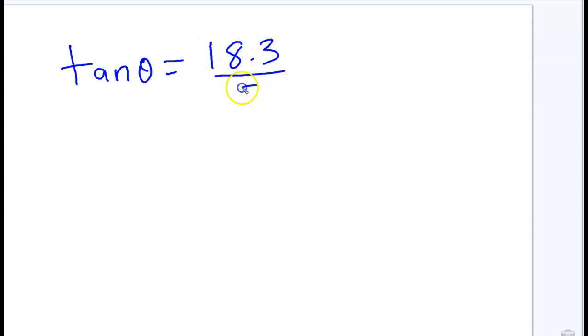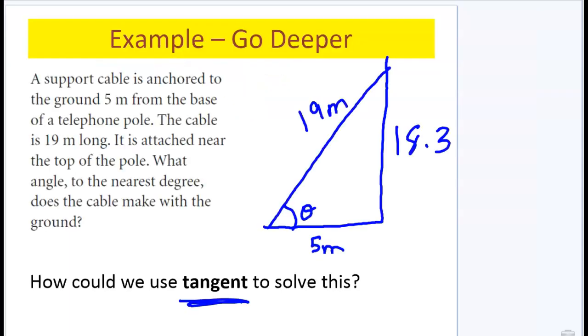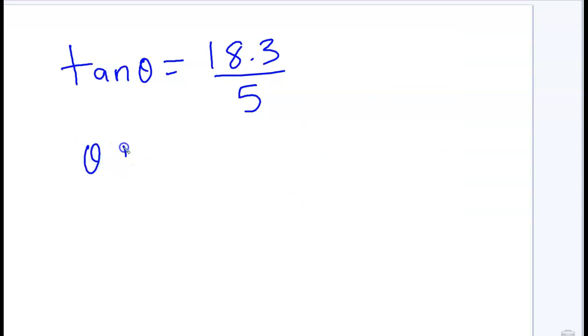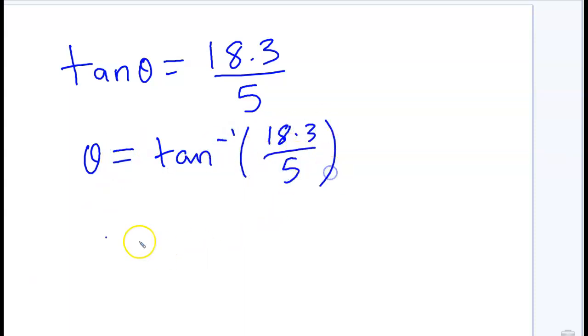Now I can use my tangent ratio, because the tan of theta is 18.3, the opposite side, over the adjacent, which is 5. So theta is going to equal tan inverse of 18.3 over 5.